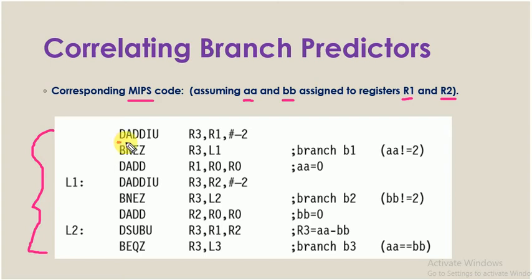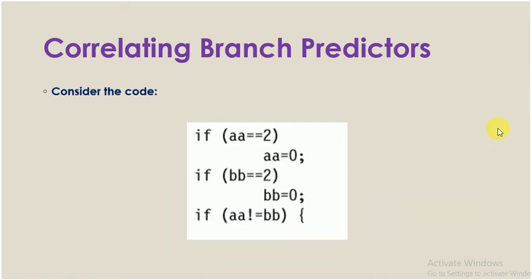So what we are doing is DADDIU R3, R1, minus 2. What is R1? A. So we are doing A minus 2. For example, if A is 2, 2 minus 2 will be 0. Okay, so in the previous case we can see what happens here. Here it is A equal to 2. So if we assign A as 2, 2 minus 2 is equal to 0.